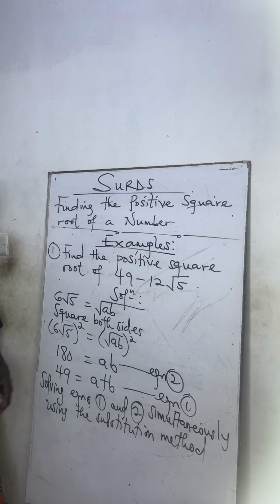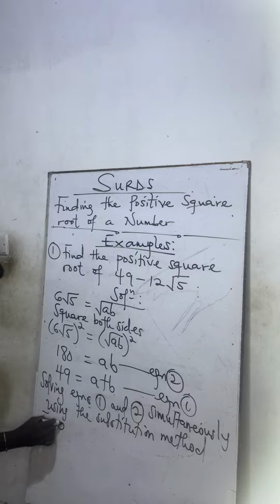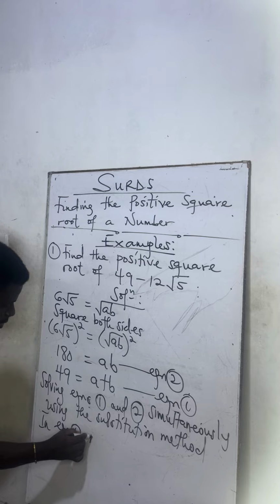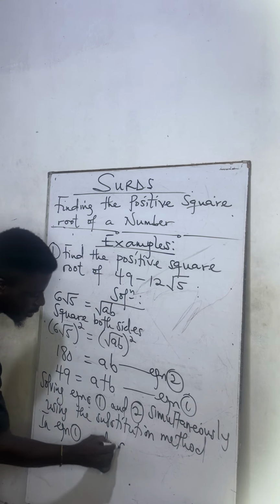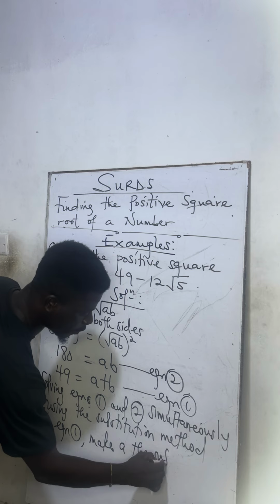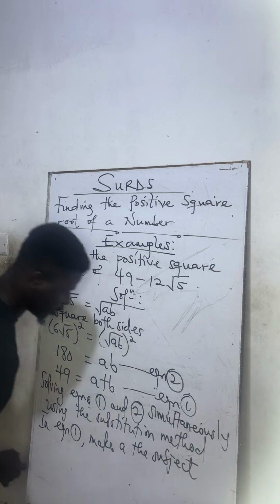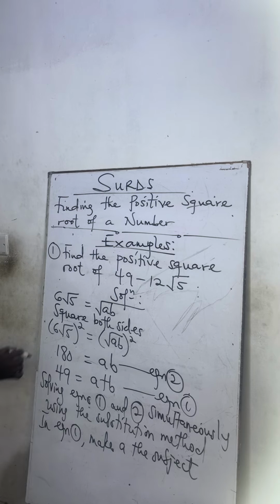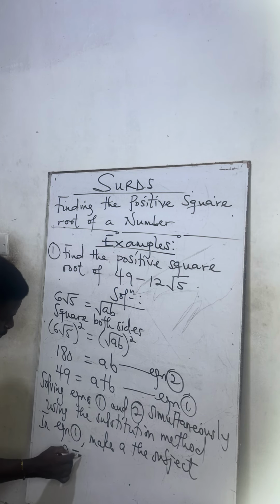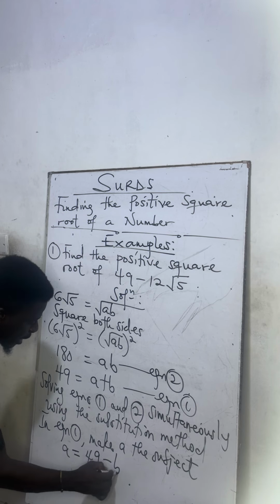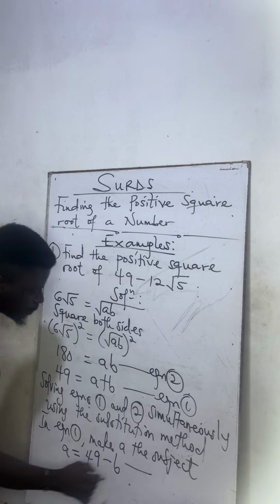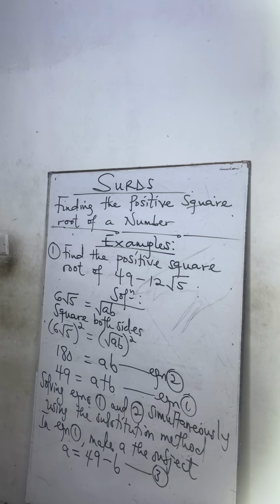Okay, so let's say in equation 1, make a the subject of the relation. So making a the subject in equation 1, we get a is equal to 49 minus b, and this will be equation 3.